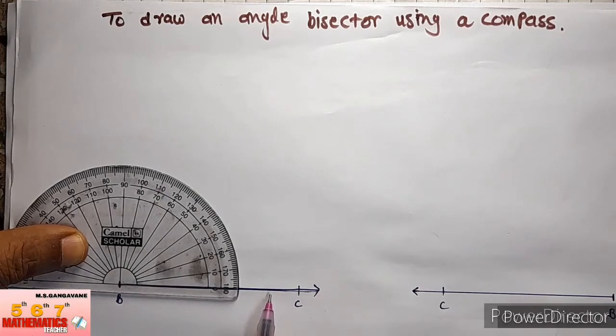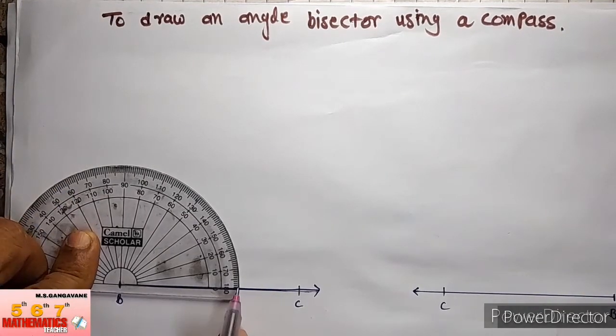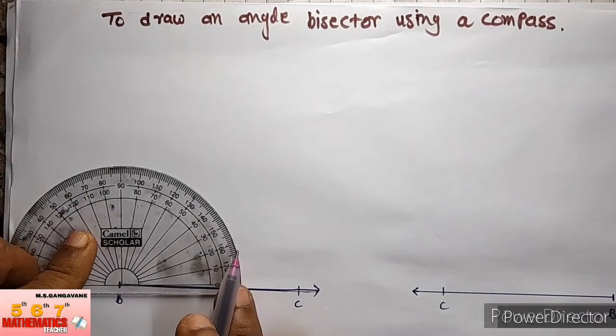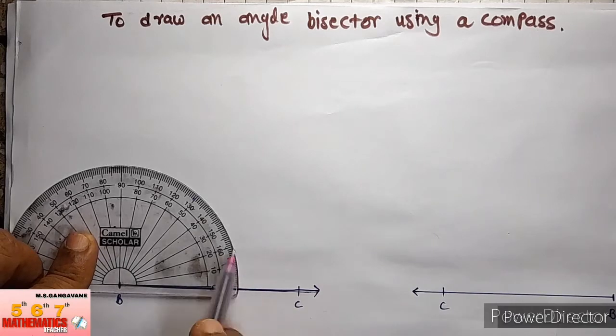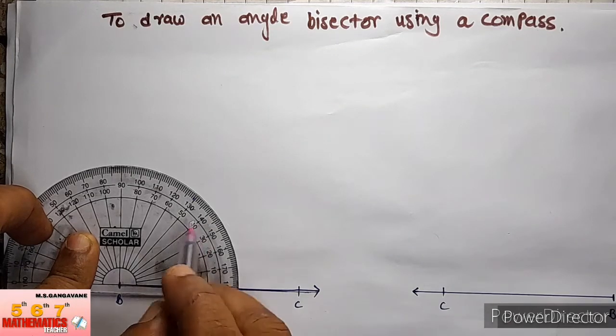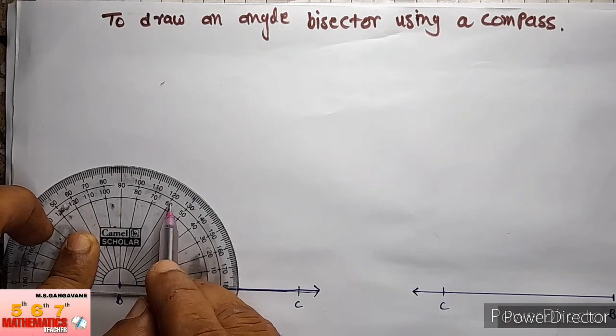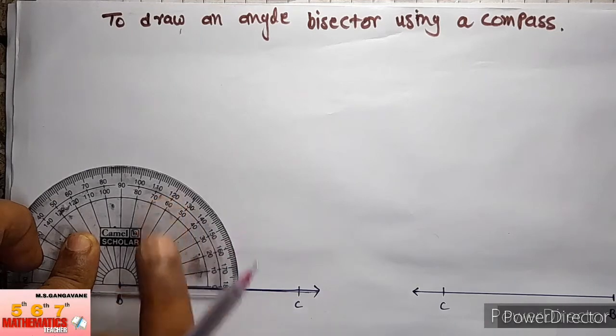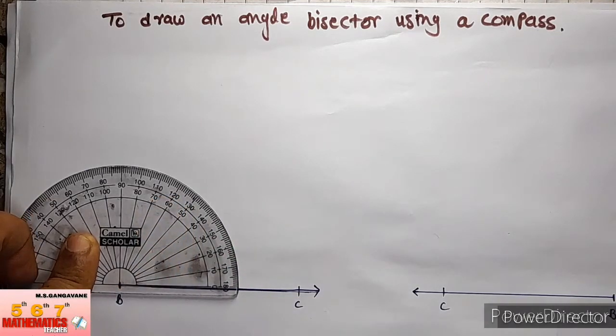Do you understand? Now it is the curved side. There are given 0, 10, 20, 30, 40, 50, 60. It's the inside number.